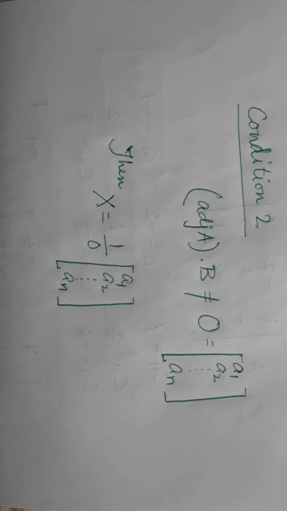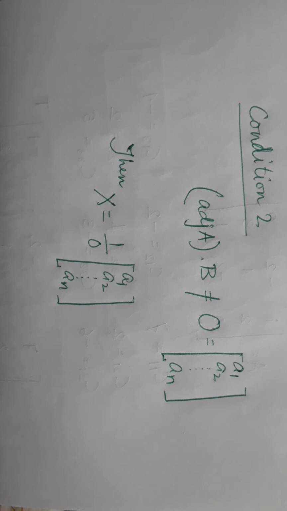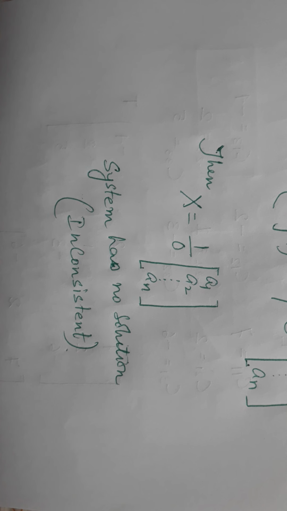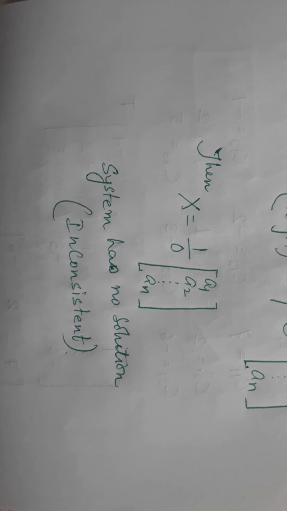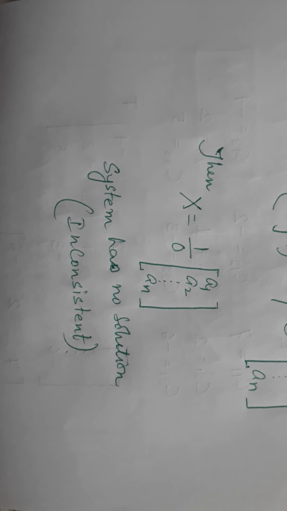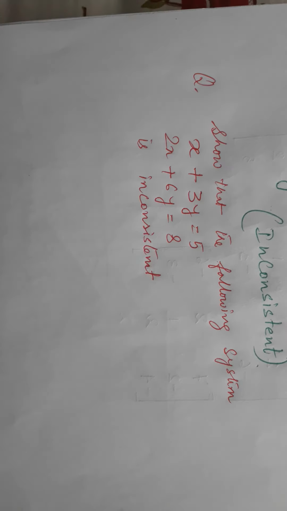So here at least one element will be undefined. In that case there will be no solution because we are getting an undefined case. Therefore the system has no solution and it is an inconsistent case.